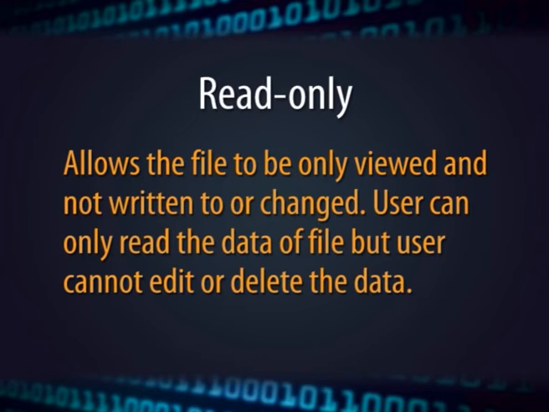Files in DOS have four types of attributes. First, read only. Read only allows the file to be only viewed and not written to or changed. The user can only read the data of the file, but cannot edit or delete it.